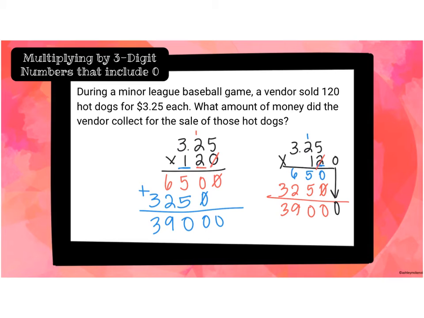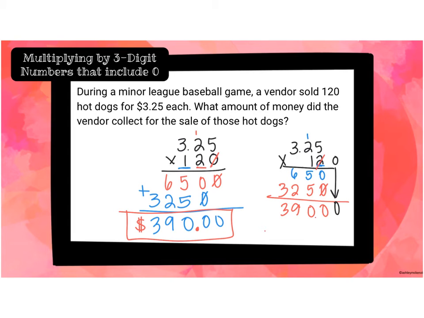Yeah, because we estimated. So we said 325 is about $3. 3 times 120 would be $360. So if I'm trying to figure out where my decimal is going to go in this big number here, good, Milo. Milo showed me that he put his decimal right here. So it should be $390.